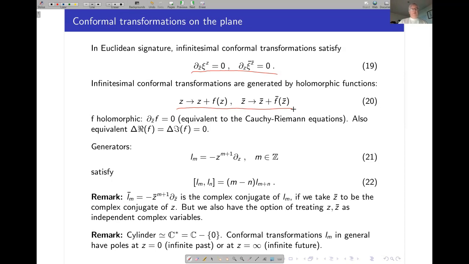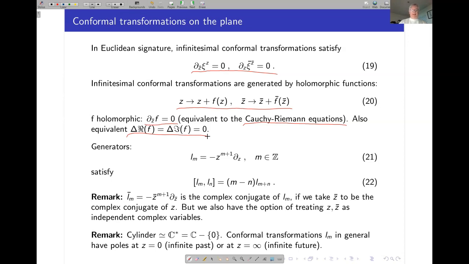I already mentioned holomorphicity can be written in terms of the partial derivative as ∂_{z bar} f equals 0. This is equivalent to the so-called Cauchy-Riemann equations, which you have seen if you have encountered holomorphic functions before. And one can say equivalently that the real and imaginary part of a holomorphic function satisfy the harmonic equation.